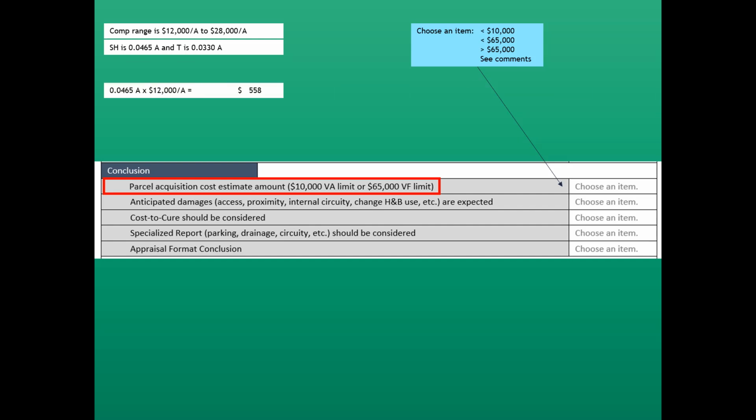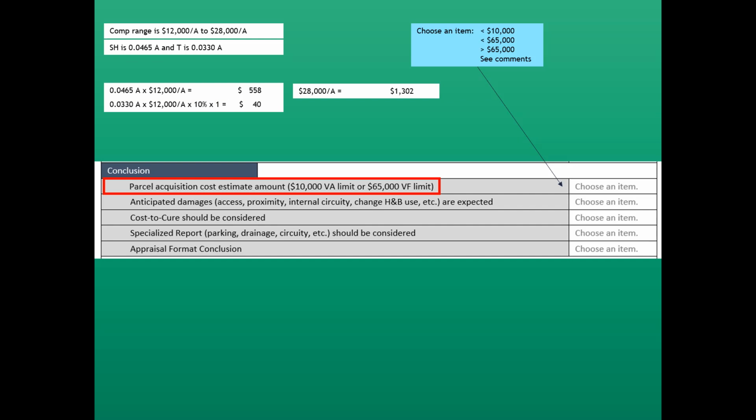The lower end of the range is $12,000 an acre, and the upper end of the range is $28,000 an acre. If we plug in the SH taking of 0.0465 acres and multiply that by the low range, on the low end, the SH is probably worth somewhere around $558, or at the upper end of the range at $28,000 an acre, the SH is going to be valued somewhere around $1,300.